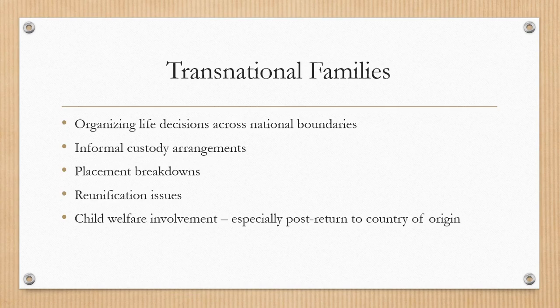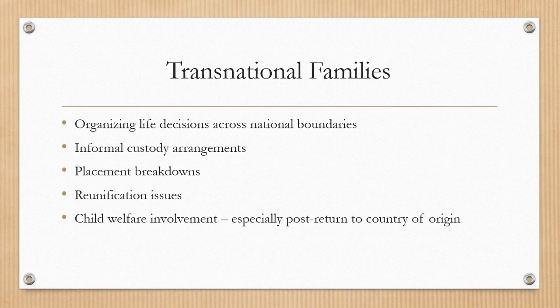I want to define a concept called transnational families. These are families that organize life decisions across national boundaries. This can be two national boundaries, this can be multiple national boundaries, but the idea is that families have the capacity for organizing themselves and making decisions, being responsible to more than one country at a time.